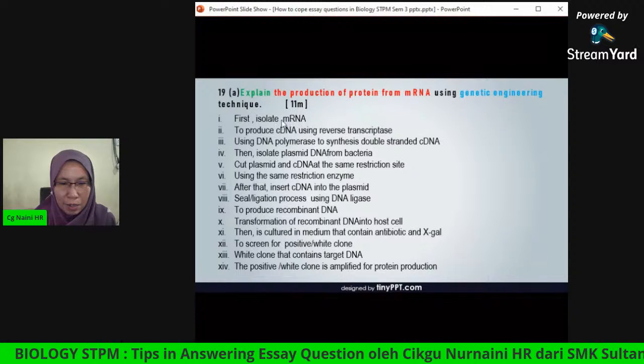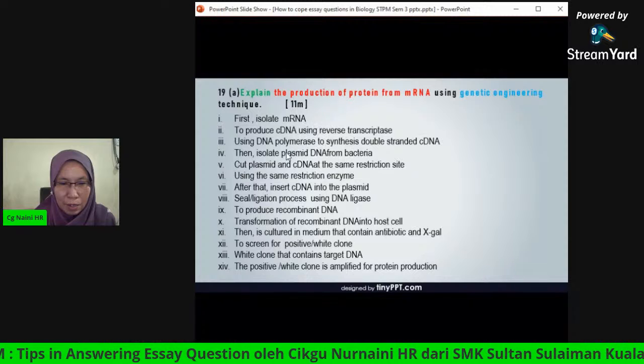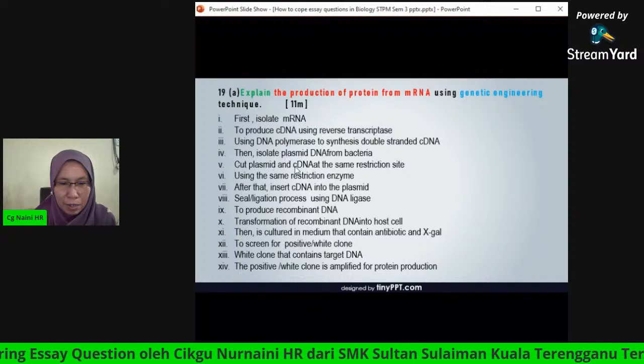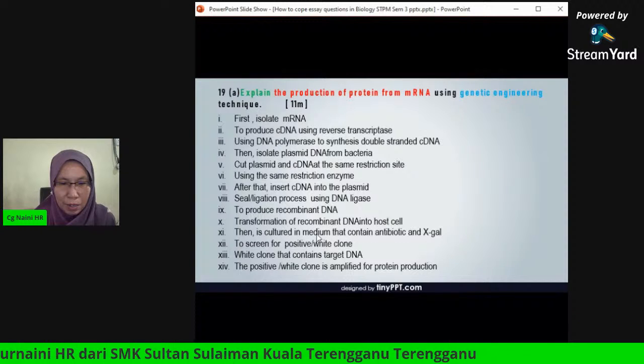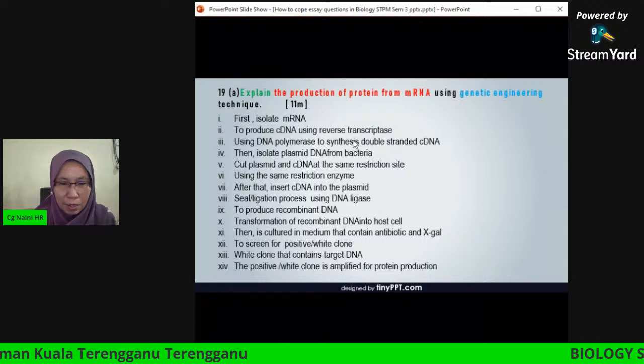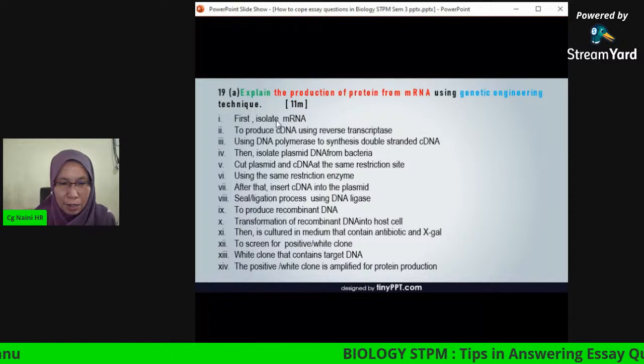The isolation, the restriction, and then the transformation, and then the amplification, the screening, and so on. You must write the process in essay form. Firstly, isolate mRNA to produce DNA.